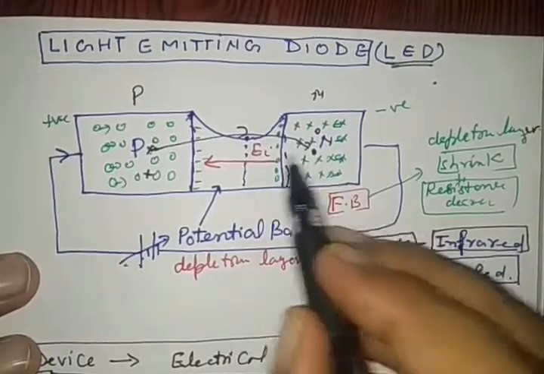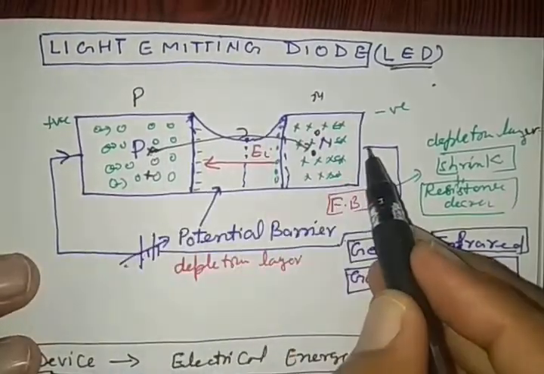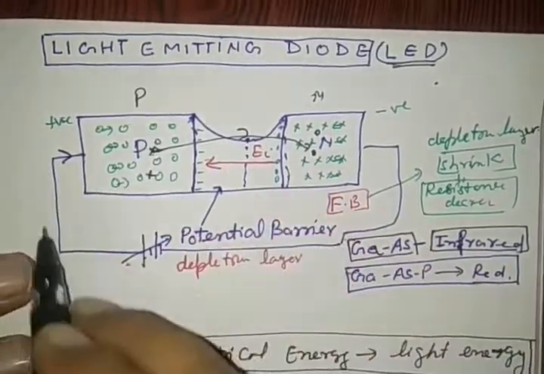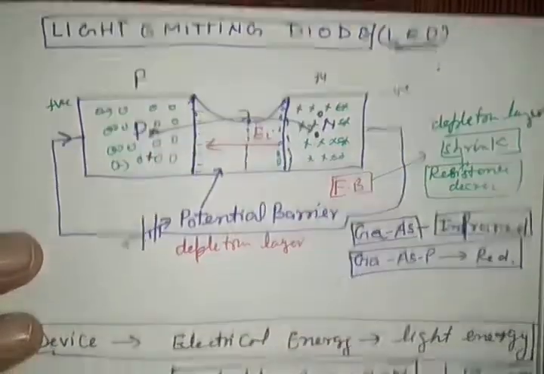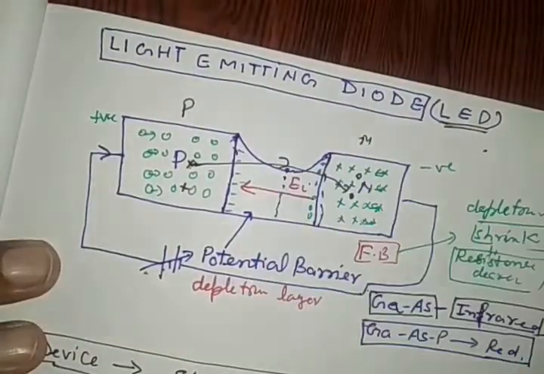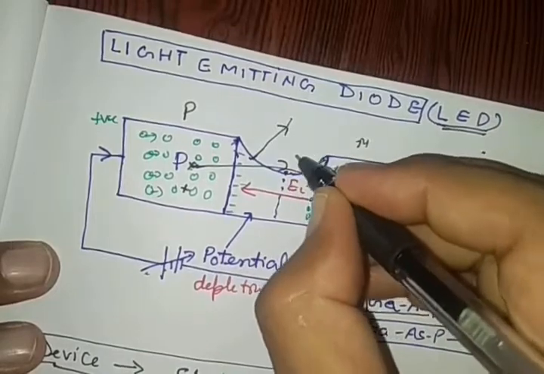See in the circuit, when this minority charge carrier electron from the P region jumps here, the direction of current is here. Forward current is in this direction, and reverse current is opposite to that. By this process it completes the circuit and reaches here. Then it jumps from the conduction band to the valence band, and the energy is produced in the form of light.